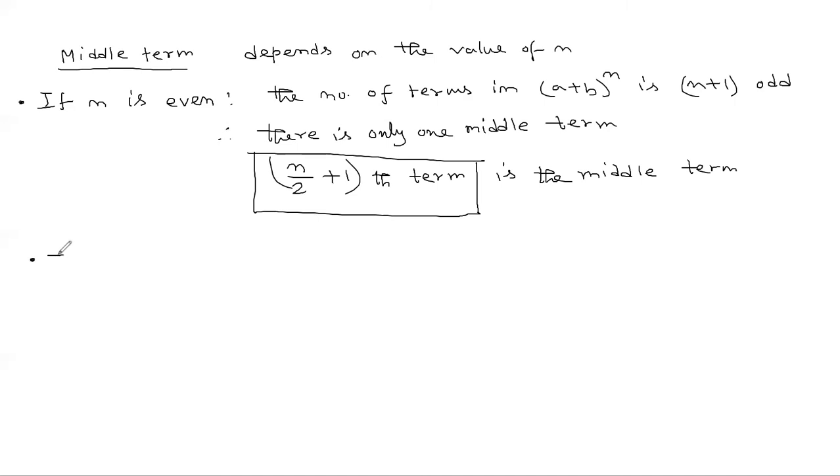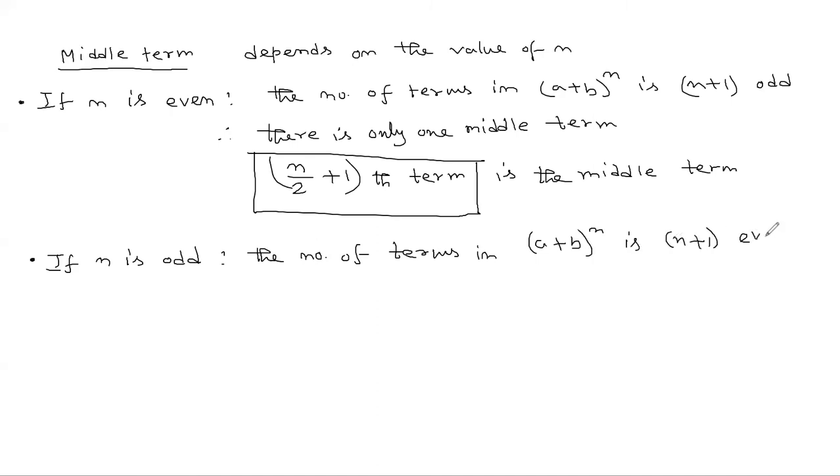Now what happens if n is odd? If n is odd, we have seen the number of terms in (a plus b) power n is n plus 1, which is even.